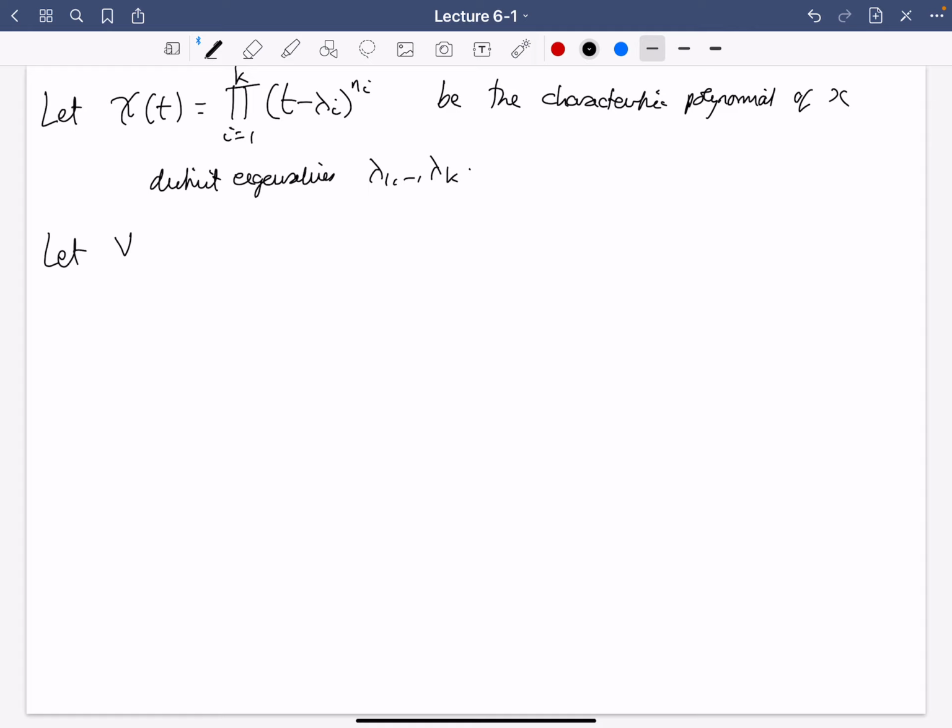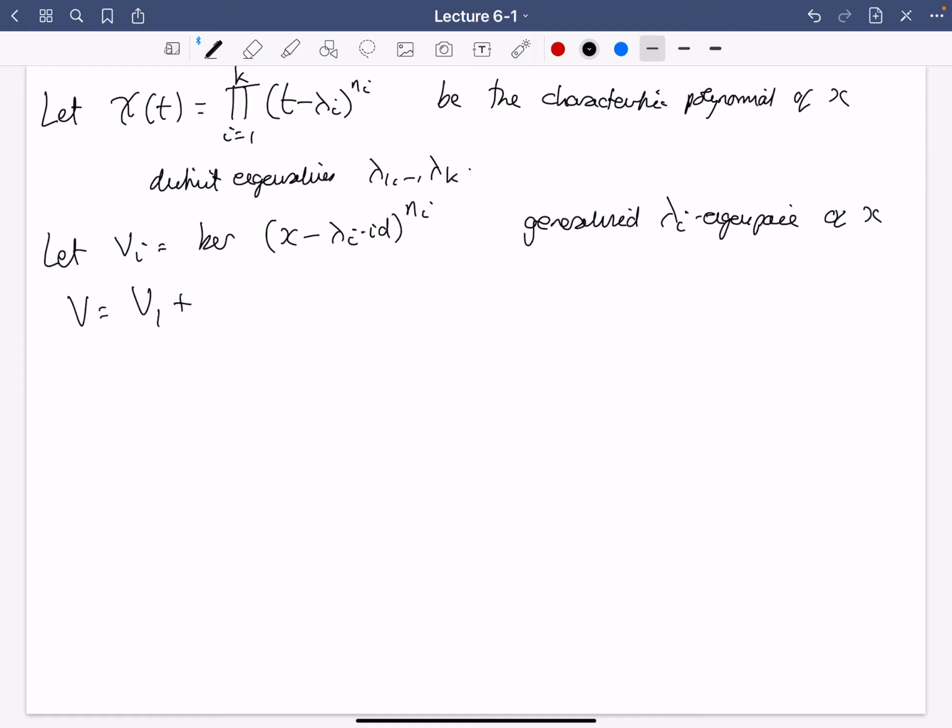If you let Vi be the kernel of (x minus lambda i times the identity) to the n i, that's the generalized lambda i eigenspace of x. And then V is just the direct sum of all of these generalized eigenspaces.